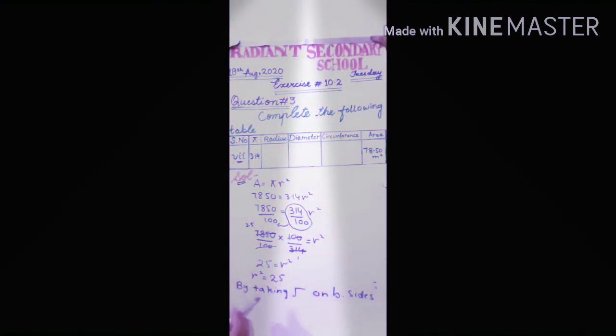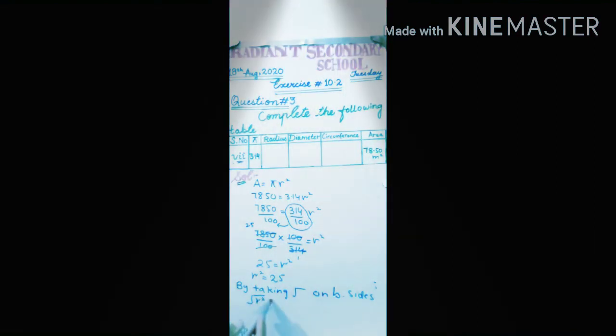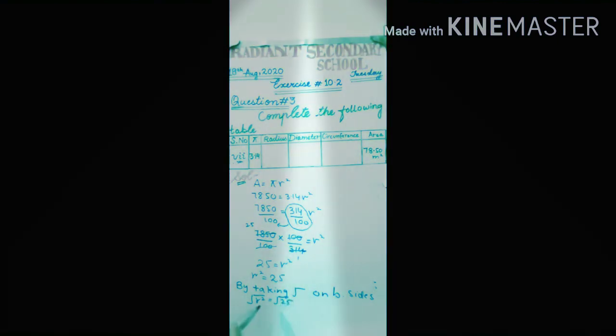Now when we take under root on both sides, it will become like this: r square equals under root 25. Okay, this under root can cut this power.